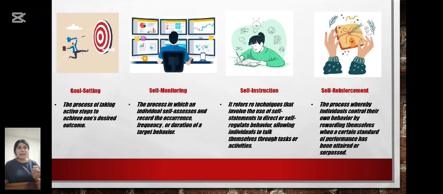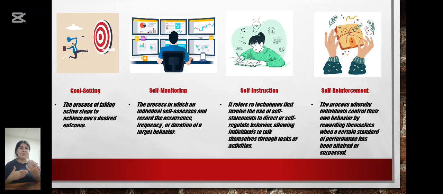So we said that we must set a goal, then monitor ourselves to see how we are going, then instruct ourselves whether we do the right things or the wrong things, and then we must reinforce ourselves. If we do the great thing, if we finish before the deadline, then you can reinforce yourself by giving a gift to yourself or other things that you like.